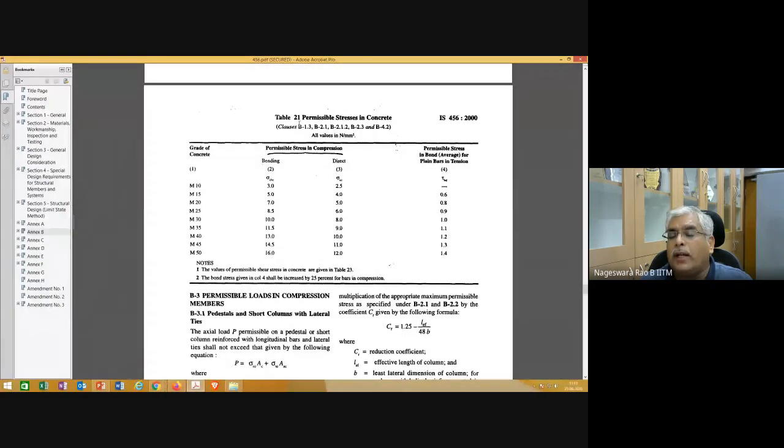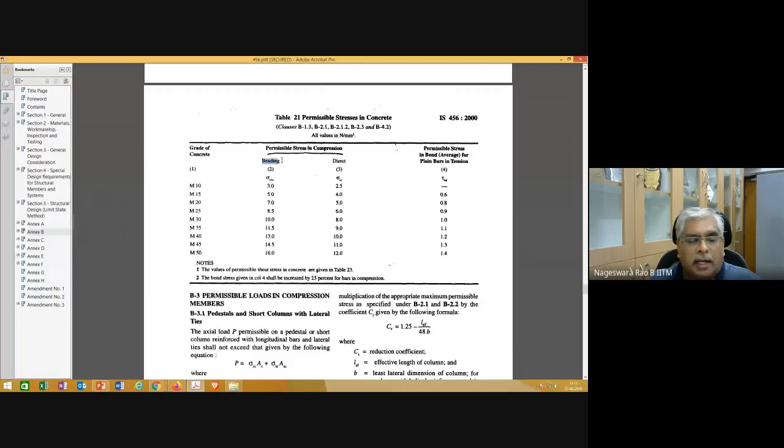In Table 21 on page 81 of IS 456, the sigma cbc value for various grades of concrete is given. You can read the title here: permissible stress in compression. This compression can happen due to bending.